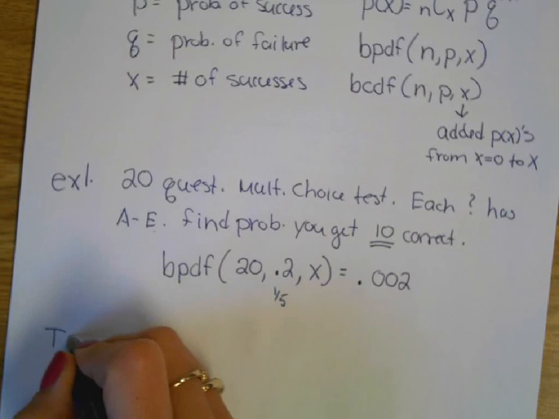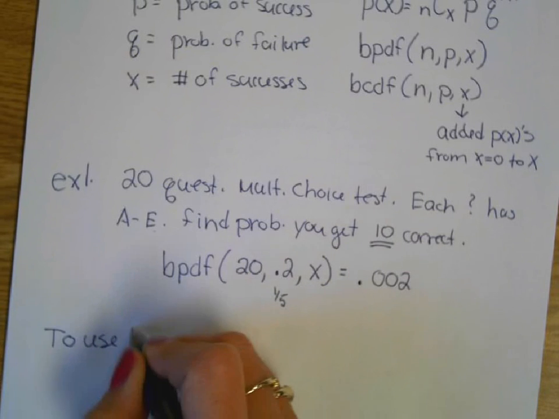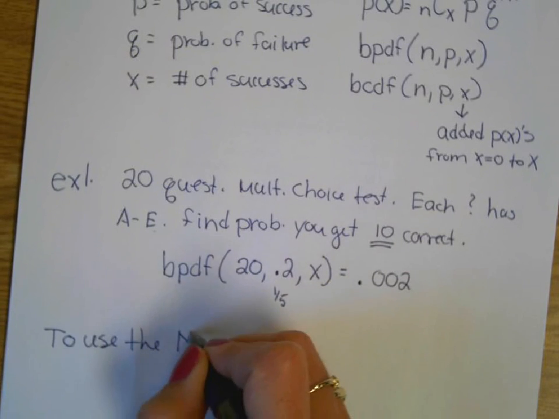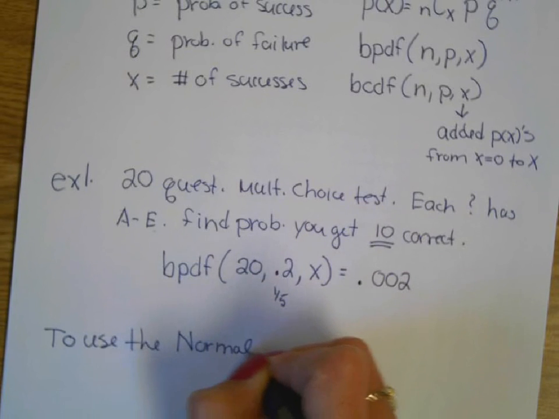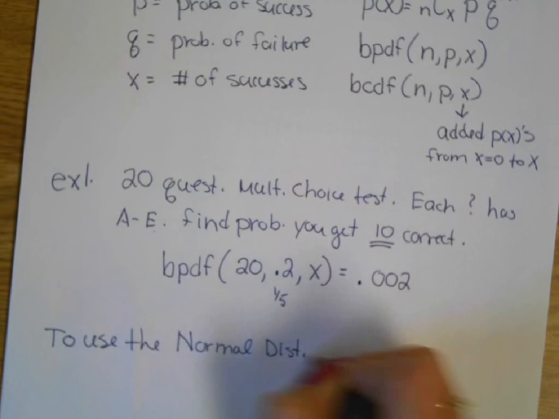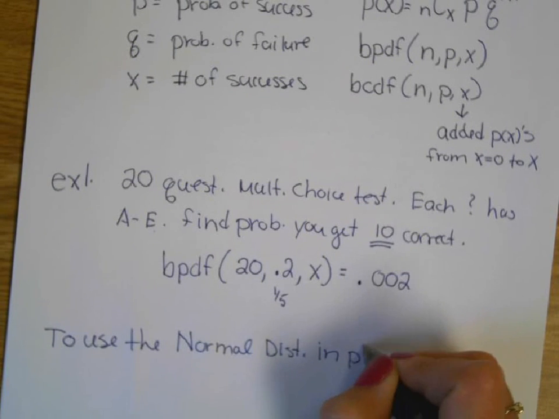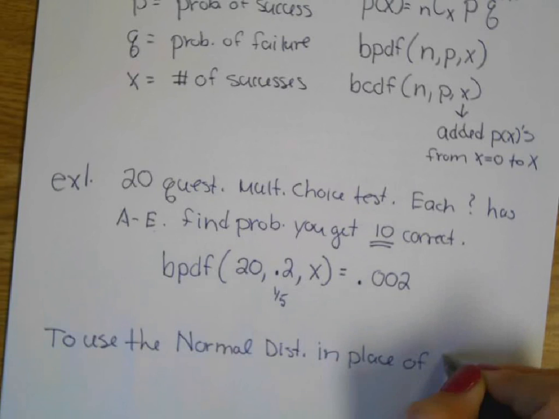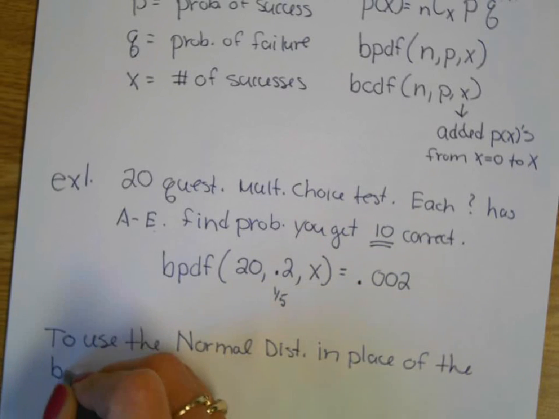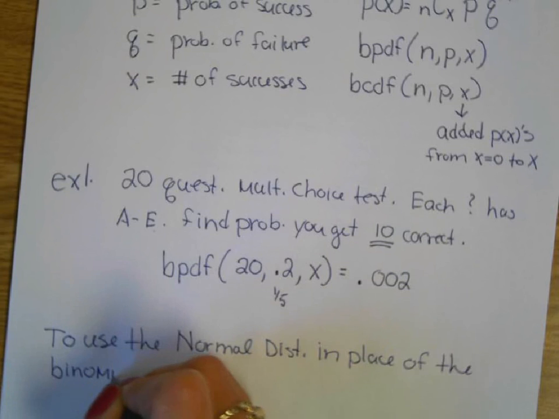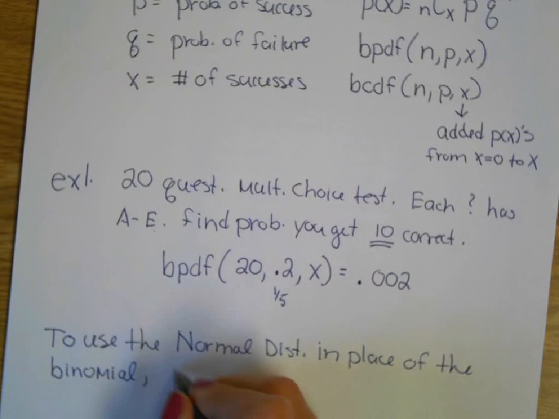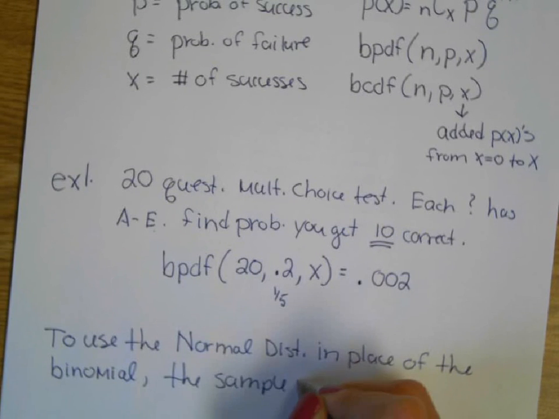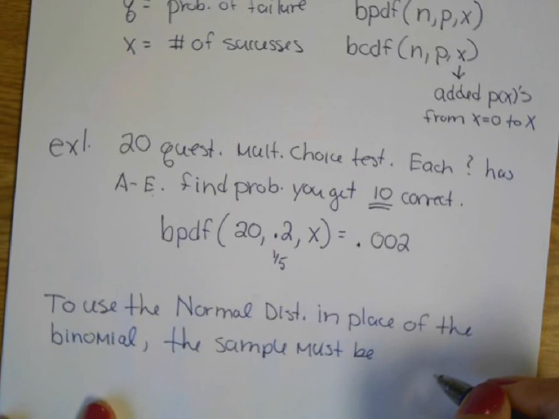So, to use the normal distribution in place of the binomial, the sample must be big enough.